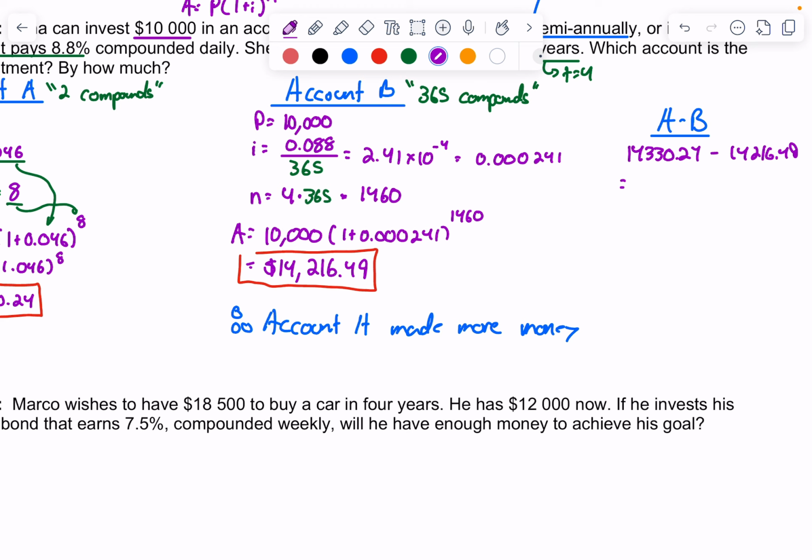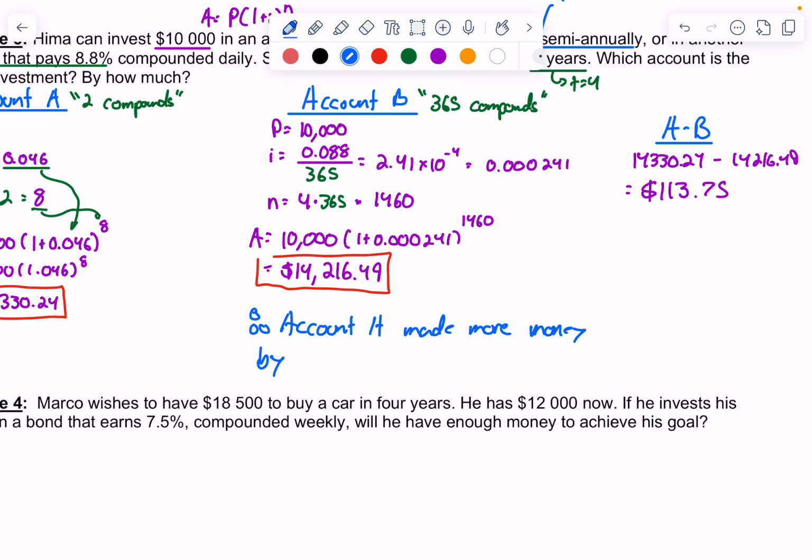We make a difference of $113.75. So account A made more money by $113.75 than B. There we go. Cool.